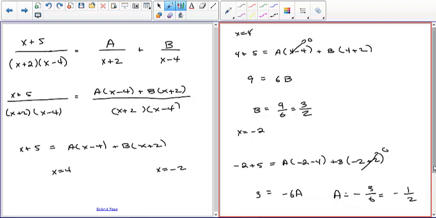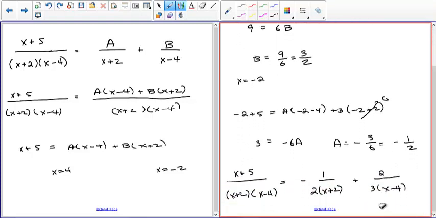So A is -1/2. So this would become 3/2 instead of 2/3. Okay. So A is -1/2. A goes with x plus 2. B is 3/2. 3/2 goes with x minus 4.